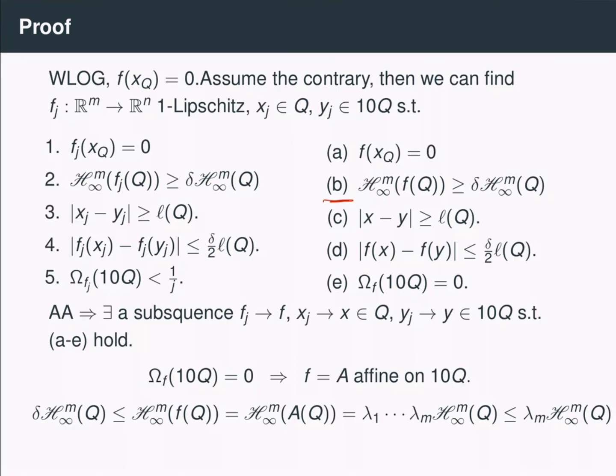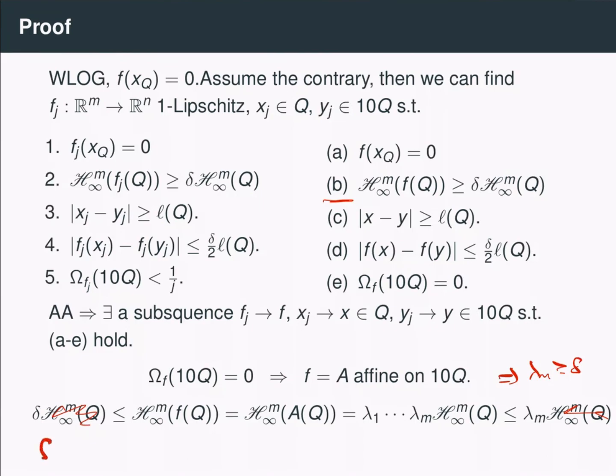Okay, so in this sequence of estimates, if we cancel out the H^m(Q)'s from each side, we get that lambda m is at least delta. So what this tells us is that the affine map is lower delta-Lipschitz, or in other words, it can't shrink the distance between points by more than a factor delta.